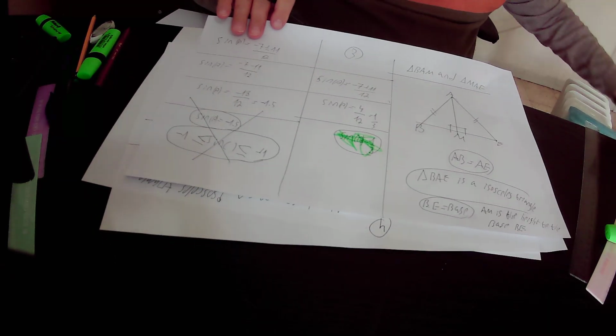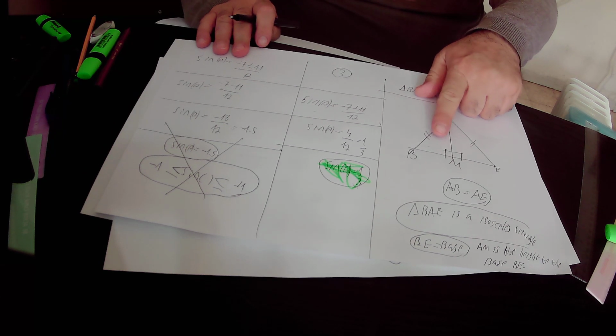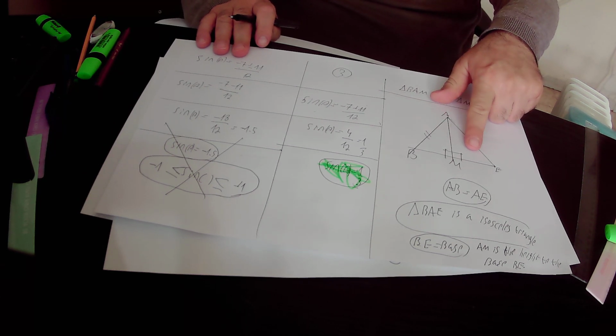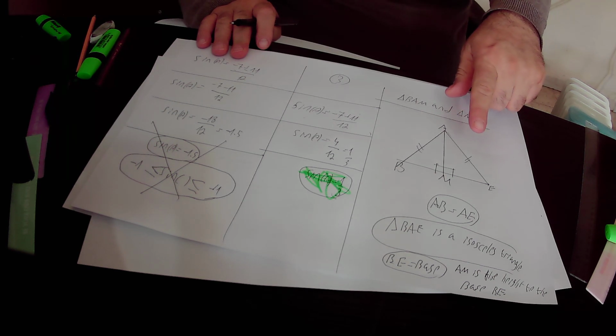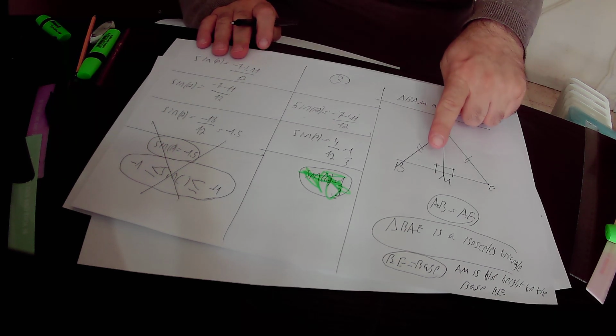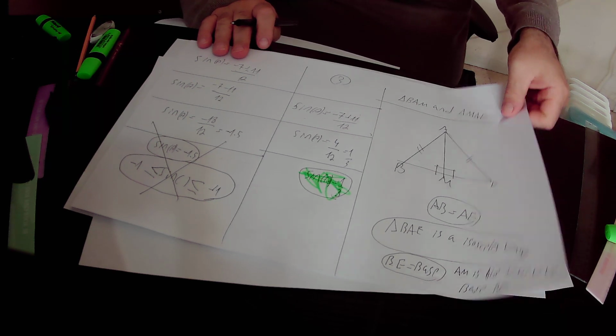The value of side BE is equal to BM plus ME.